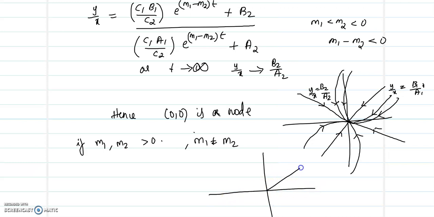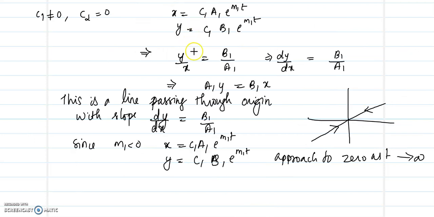So when we get this line, as t tends to infinity, this will be going away from the origin, but as t tends to minus infinity, this will tend to 0. So when t approaches minus infinity, x and y will approach 0.